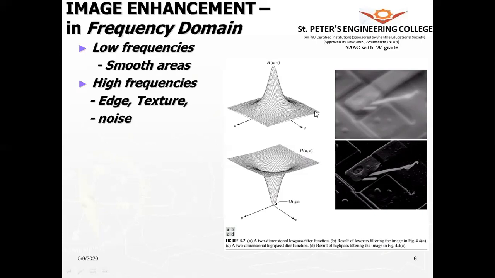Therefore, if you want to extract the gross features or the smooth areas, then we go for low pass filtering. If you want the texture or the edges as well as to filter out the noise, we go for high pass filters. So this is what we can understand from this graph and the diagram here.